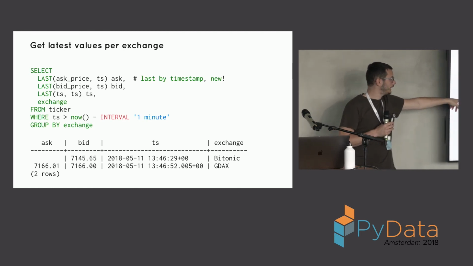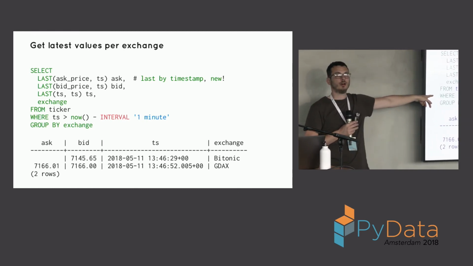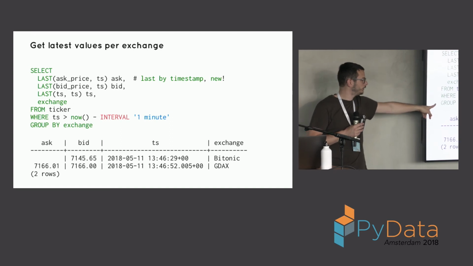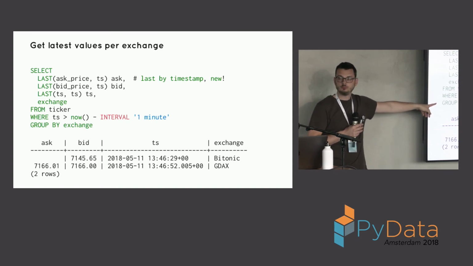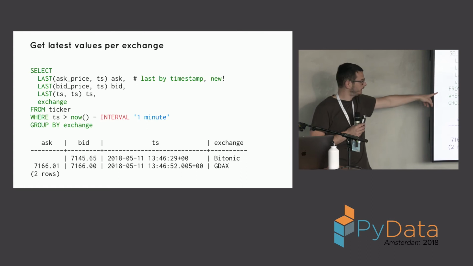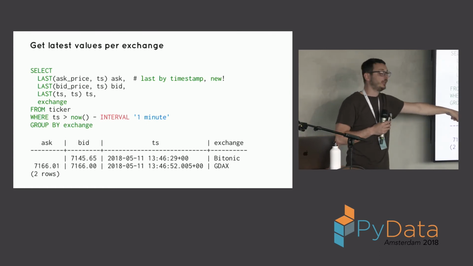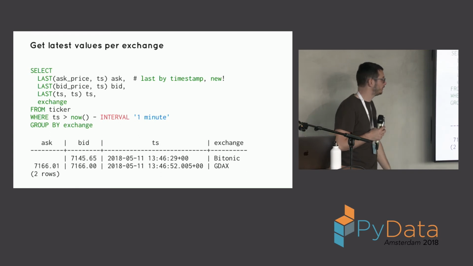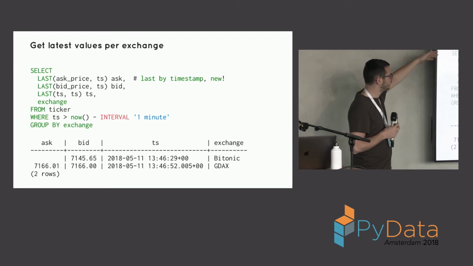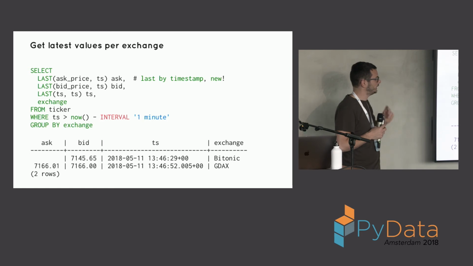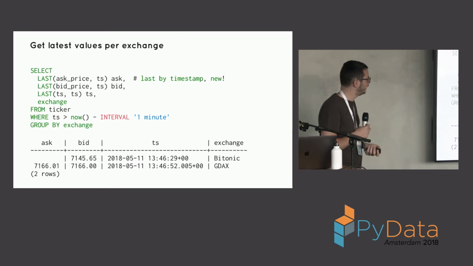And then I want all timestamps between now and 1 minute ago. And I want to group by exchange. So you can see from the results here, yeah, thank you, that I prepared a talk on the 11th of May, because I got data from the 11th of May here. But basically, it's already a bit of logic that we can use later.